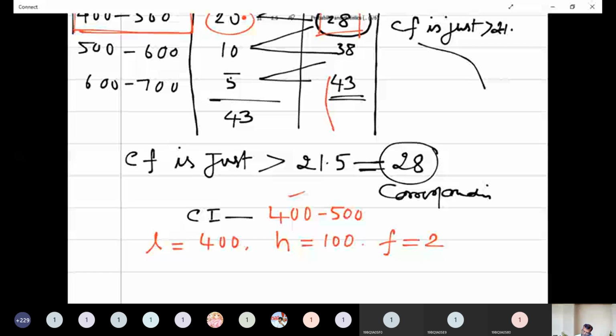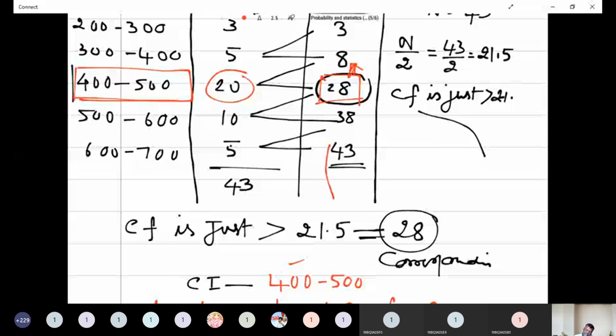And C, very, very important. What is the value of C? C is the cumulative frequency above this, the one before the just greater value. C value is equal to 8.